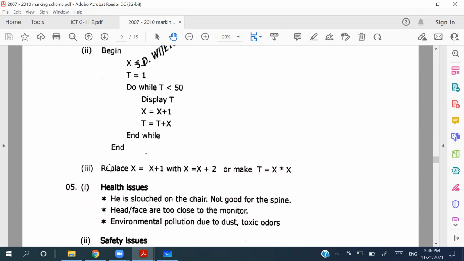Replace x equal x plus 1, x equal x plus 2, or make t equals x into x. And Binadi, it's better you use this t equal x into x. Just for the moment, just take that. X to the power of 2, but remember it's better you go x into x.